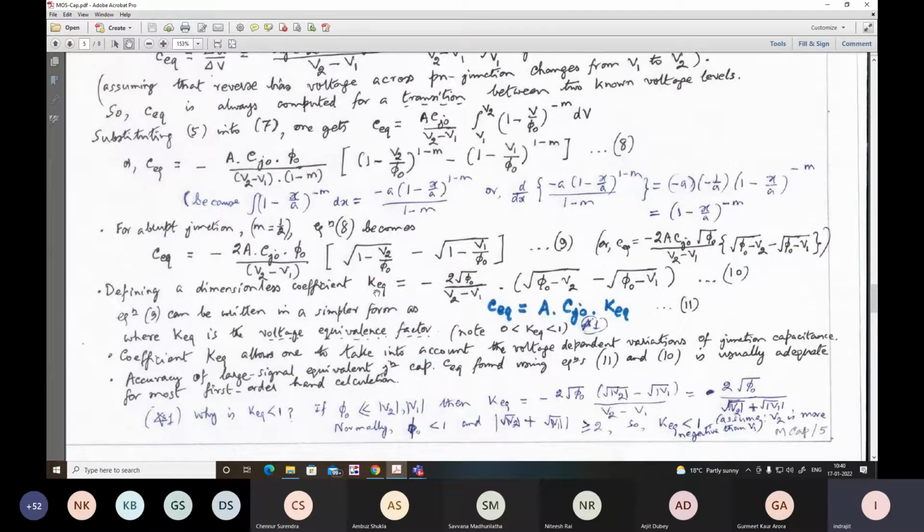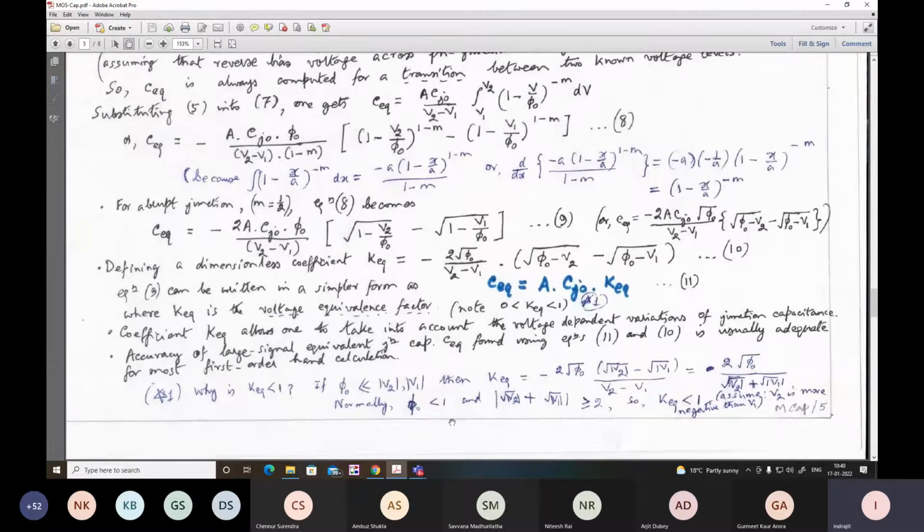Why is it so? We have given some short explanation. In general, phi 0 is 0.7 volt or 0.6 volt. V1 can be 0, V2 can be minus 5, something like that. So we can simplify this expression, and it turns out that the approximate value of KEQ will be 2 root phi 0 upon root V2 plus root V1 in a simpler approximation.